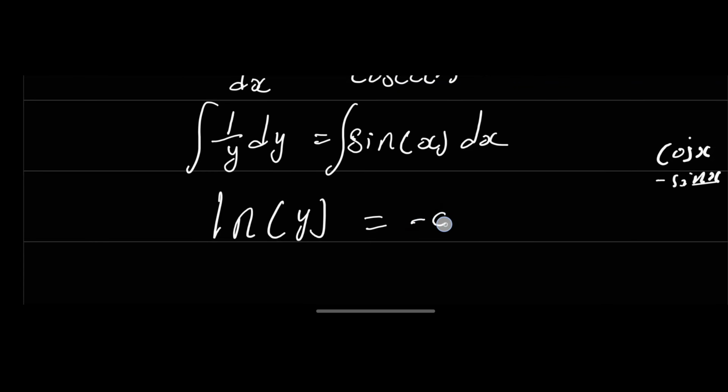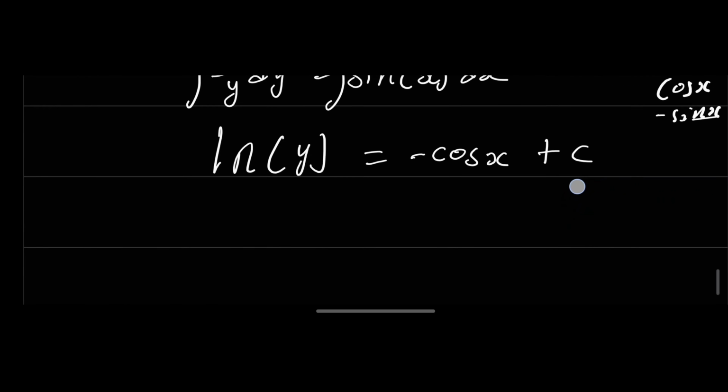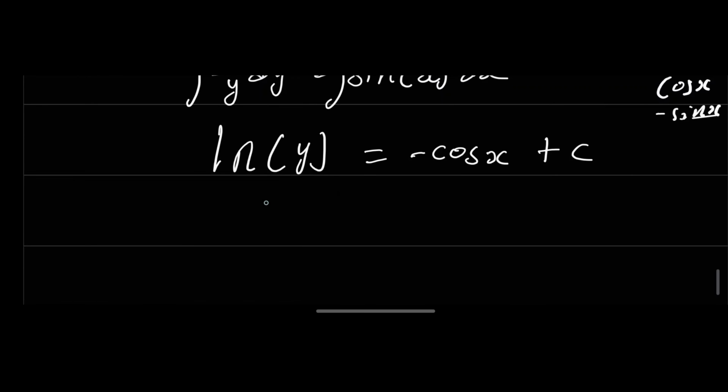So the integral of sine is negative cosine of x, and we add the constant. And so this is the whole solution for the differential equation. So y equal to e raised to the power negative cosine of x plus c. This is the end, okay?